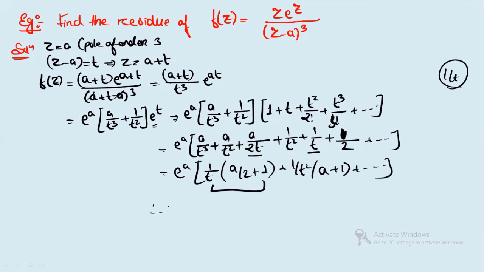So the coefficient of 1 by t is e to the power a times (a by 2 plus 1). This is the residue for this particular pole, z equals a. So this is the other method. Clear? This is just simple. Just see the methods, and when you see these you can relate them.